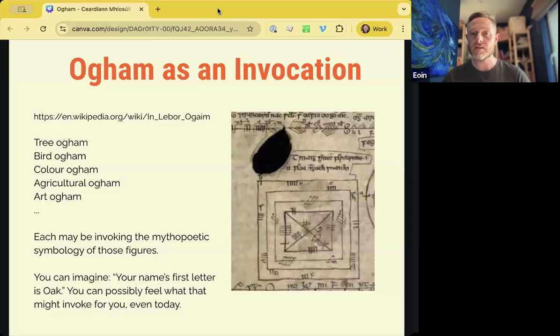I think we can pick up on that kind of symbology or imagery even today, right? You go, oh wow, the first letter of my name is Oak. So for people invoking Ogham in the past, I think they would have been more in tune with what the name of that letter conveys to them. It's not just a label. Maybe it just became a label later on. So that's Ogham as an invocation.